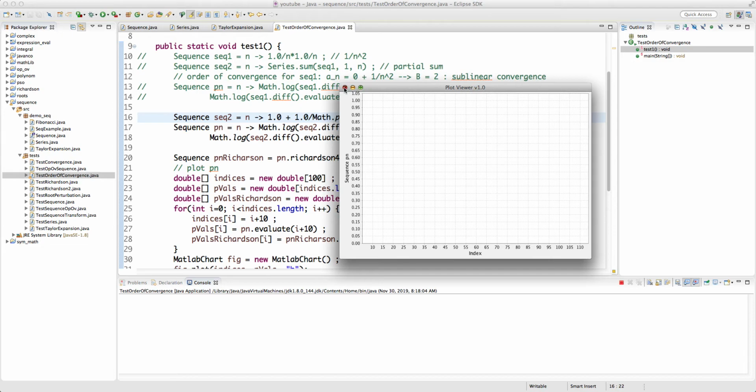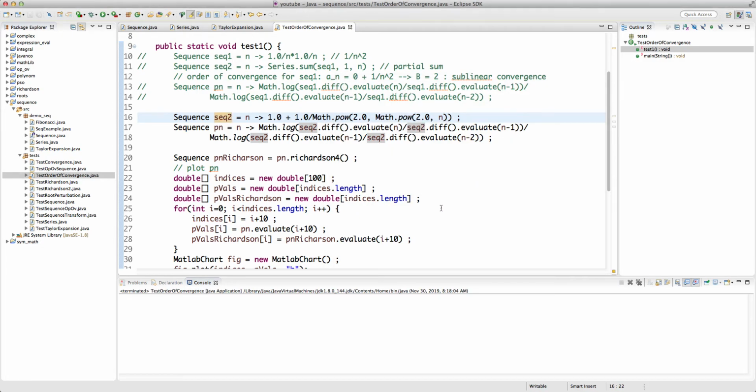Alright, we're not getting anything because I assume that, let's see, let's try 10 terms.